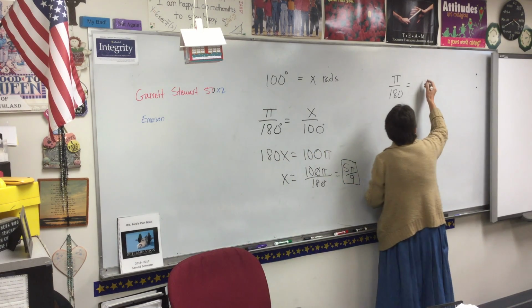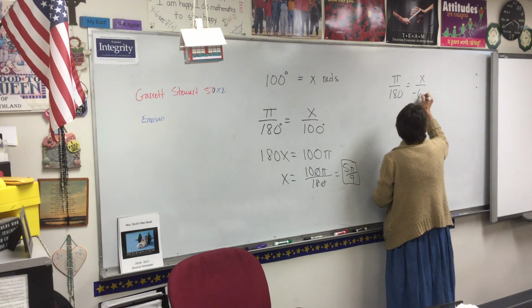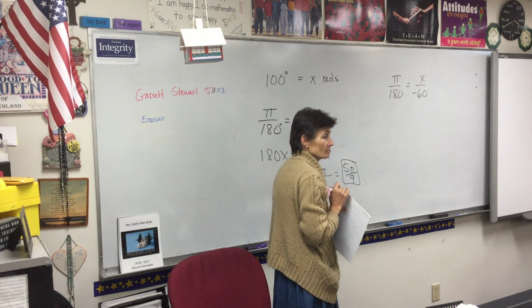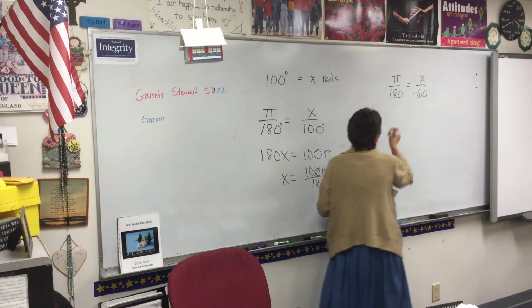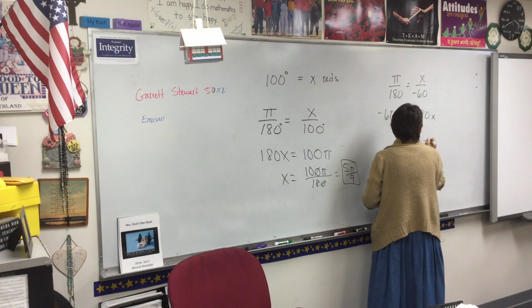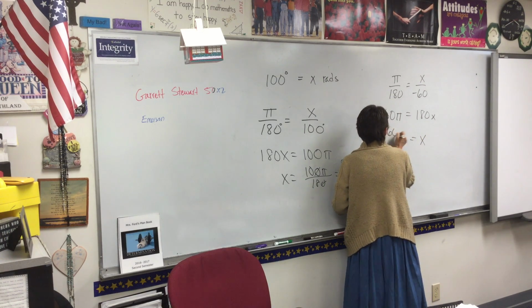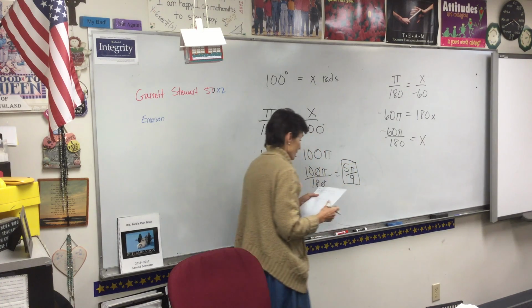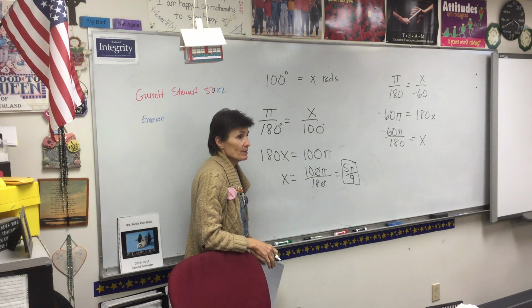I'm doing problem B. X over negative 60. So negative 60 pi equals 180x. Does that reduce?